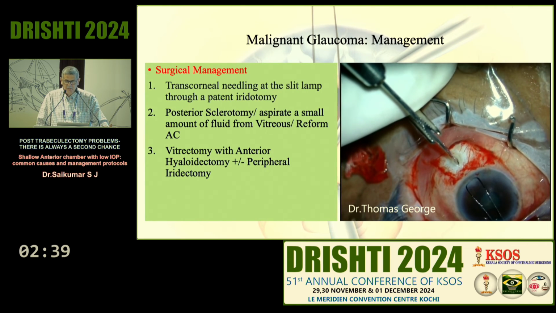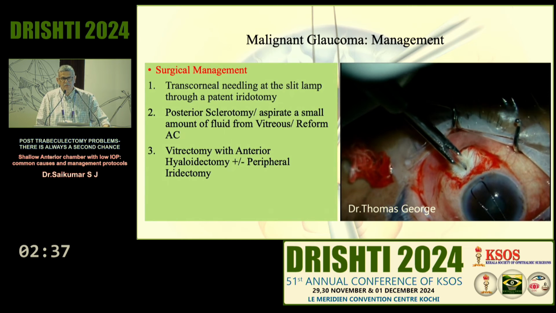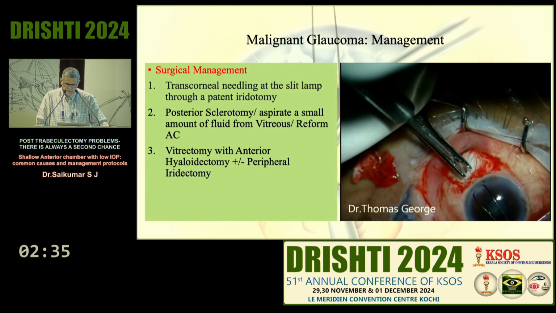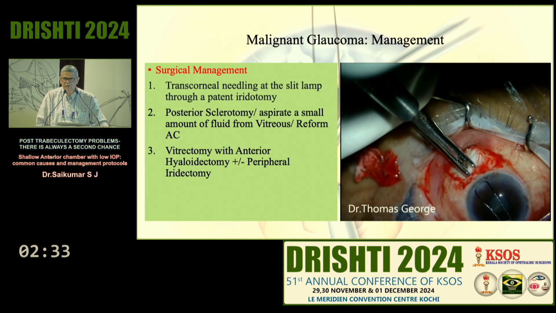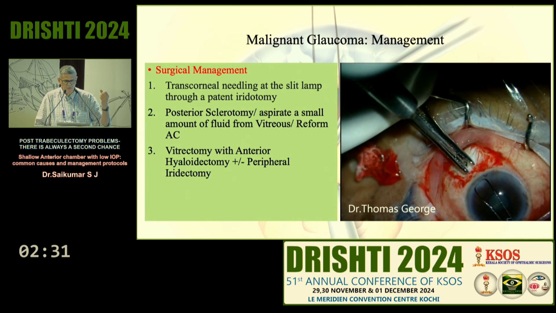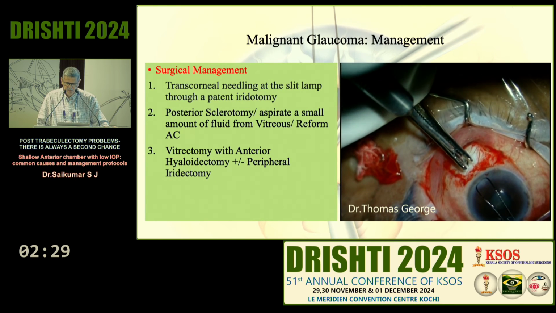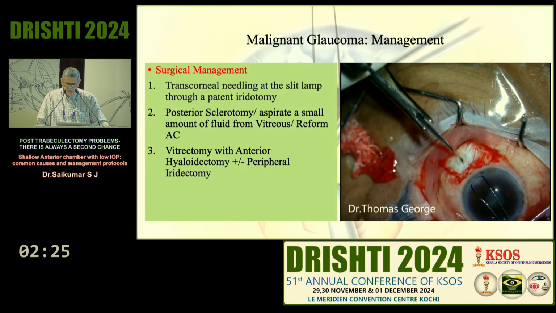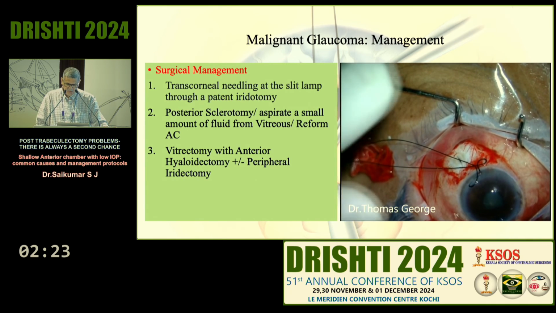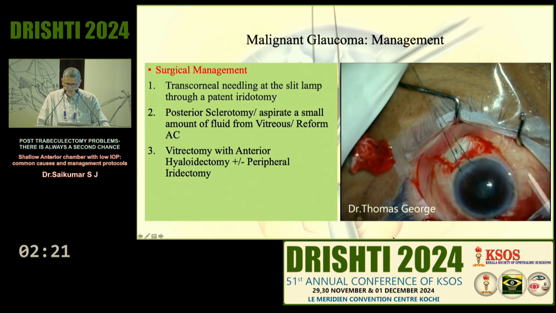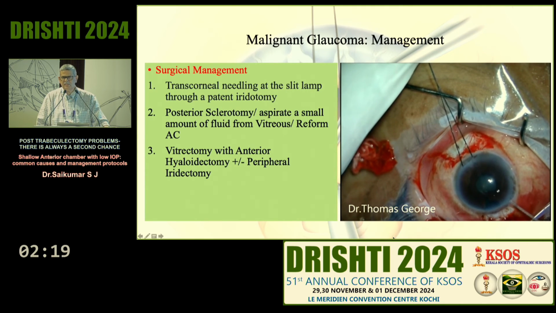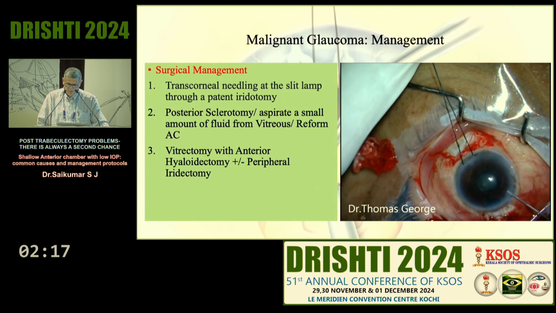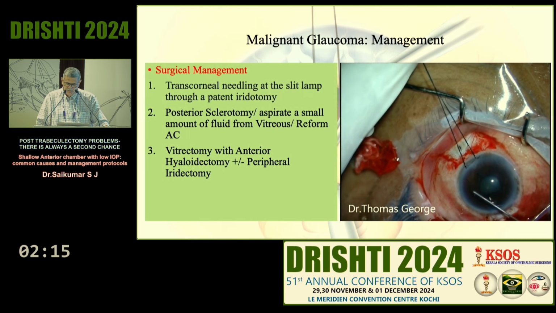You need not very actively aspirate the fluid because our VR colleagues are not very fond of that. They feel that there is a lot of traction on the vitreous and the peripheral base of the retina, but you can just let out some fluid, and by doing that itself you can find that suddenly the anterior chamber is better, the eye gets softer, you can reform the anterior chamber.